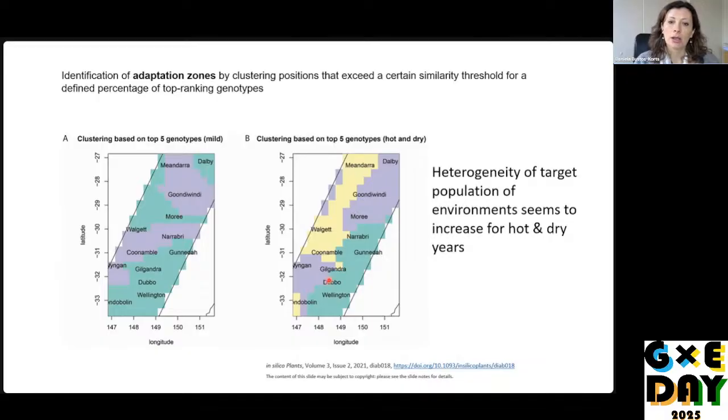These groups are based on which are the top 5 genotypes for each point in the map. We see, for example, all these locations would share the same top 5 genotypes in a hot dry year, whereas in these parts they would share another top 5 genotypes.